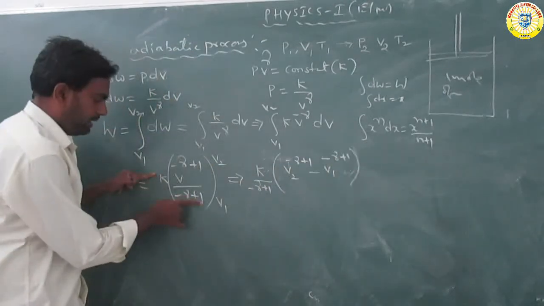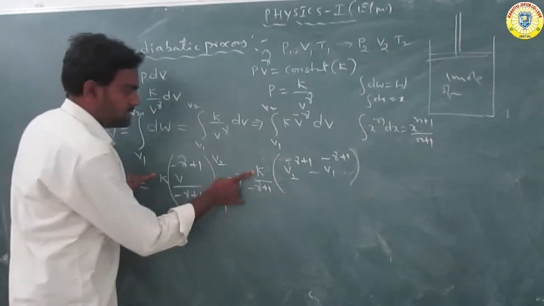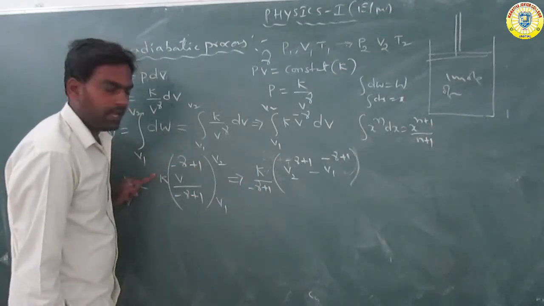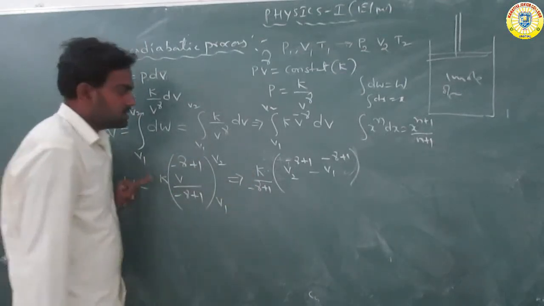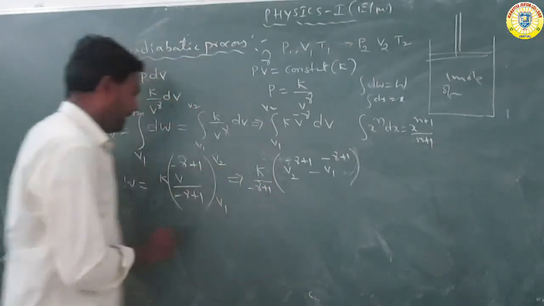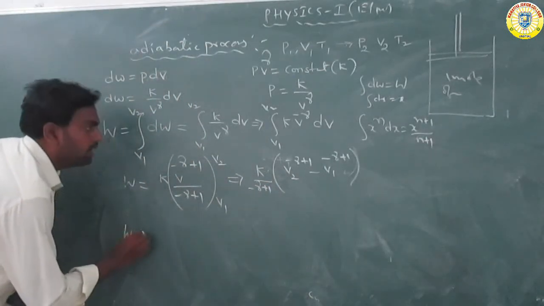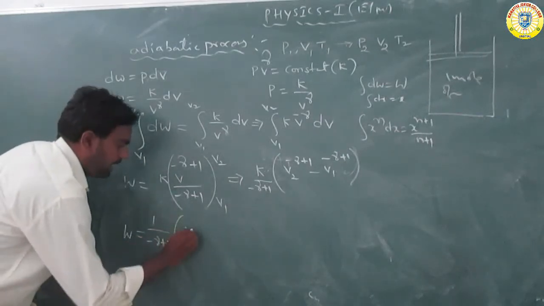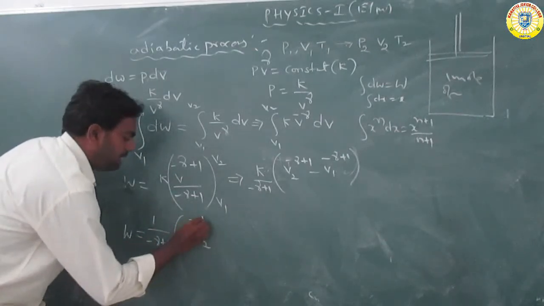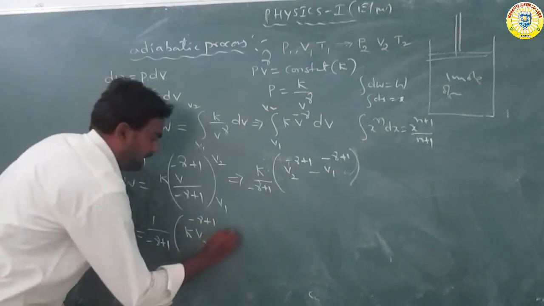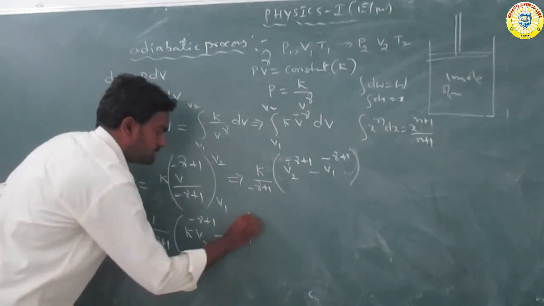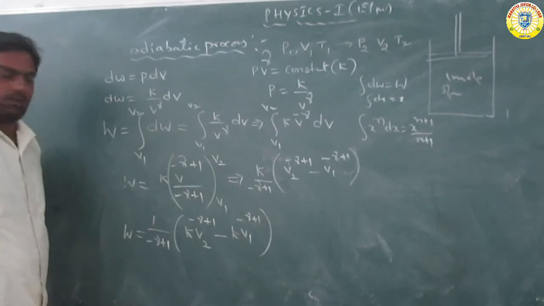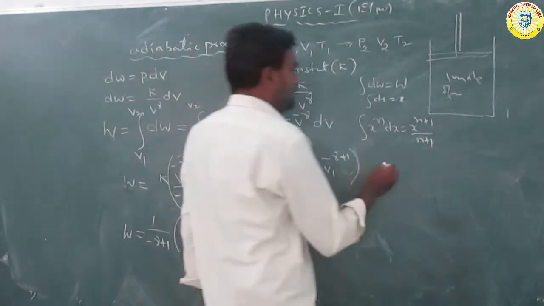The factor K by minus gamma plus 1 can be written outside. So W is equal to 1 by minus gamma plus 1 times K V2 to the power of minus gamma plus 1 minus K V1 to the power of minus gamma plus 1.